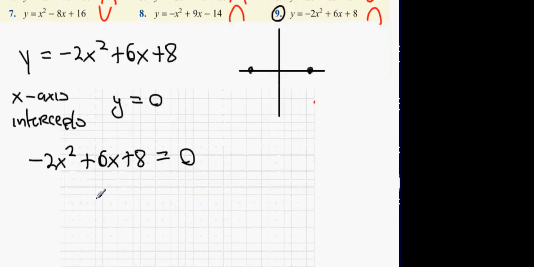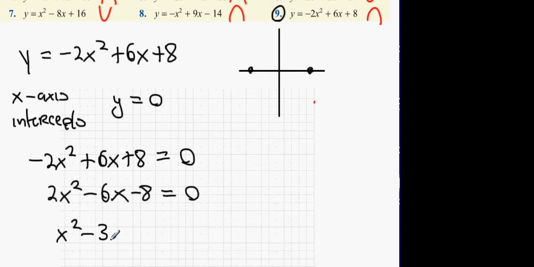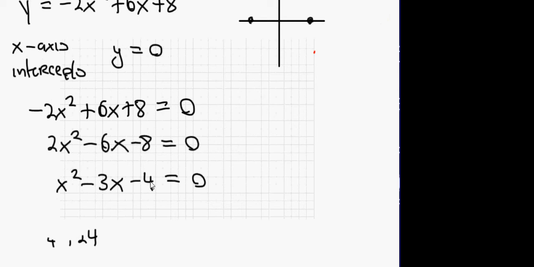What I'd like to do is change it to a plus by multiplying both sides by minus. After I do that, I could do the reference number, but I notice they're all divisible by 2, so I'm going to divide them all by 2. Now after I've done that, once again, I can find out where exactly the intercepts are.